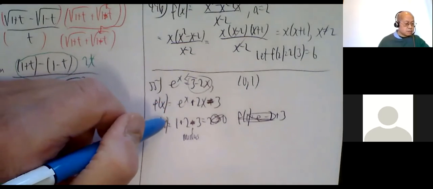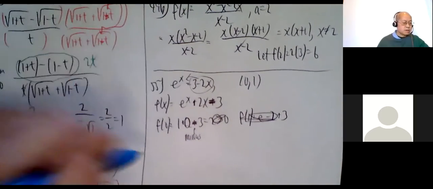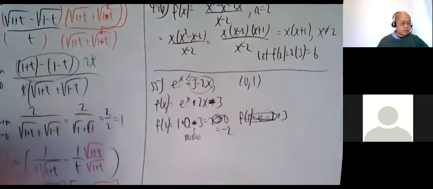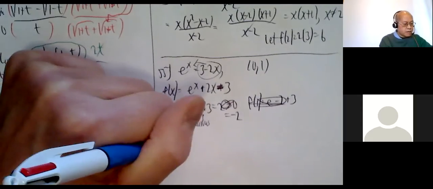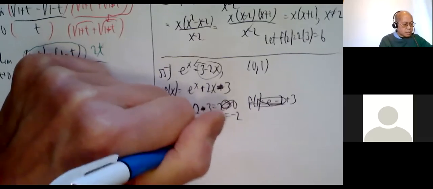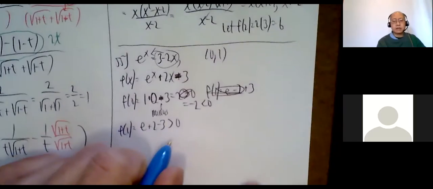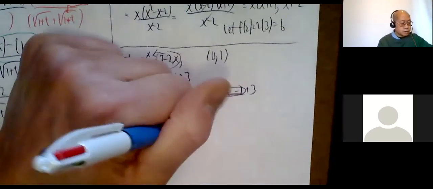So I plug in 0. Ah, this should be negative 2. Okay, now I'm on the right track. f of 1 is e plus 2 minus 3, which is greater than 0. Right. Okay, so one side's less than 0, the other side's greater than 0.